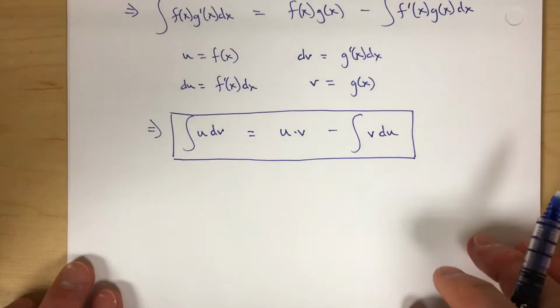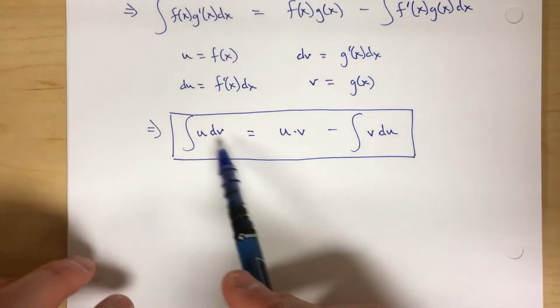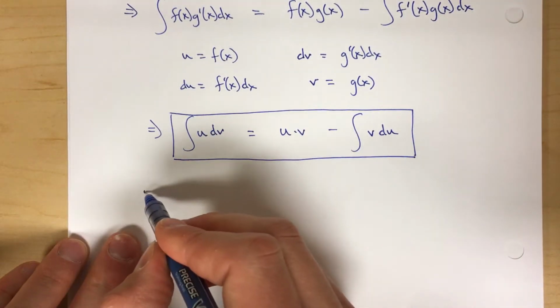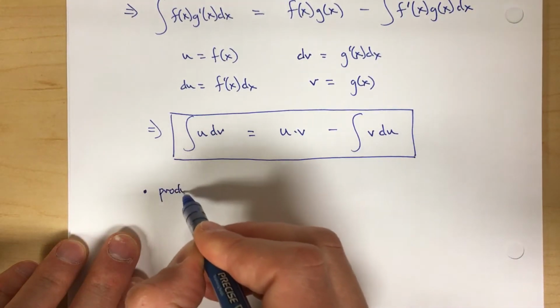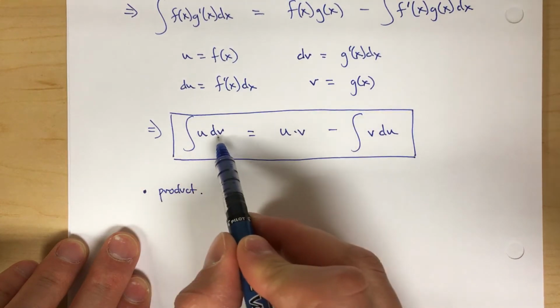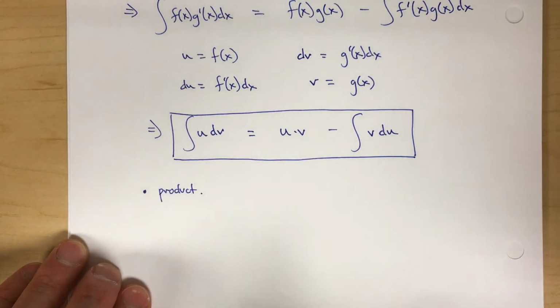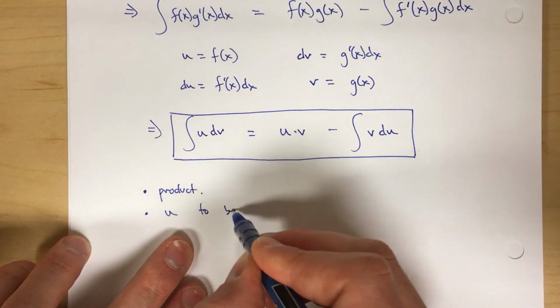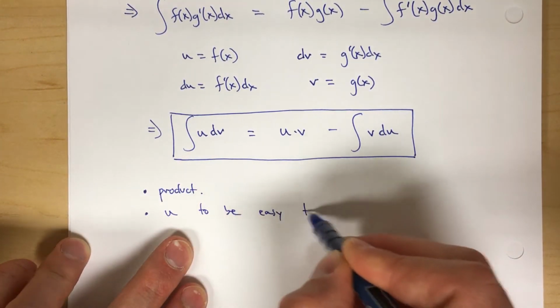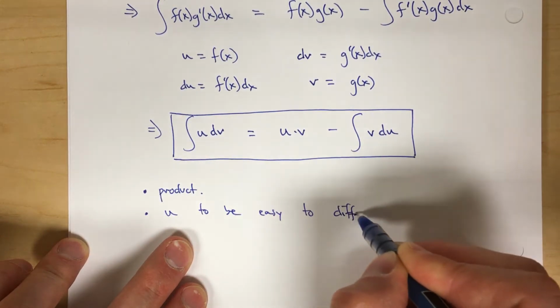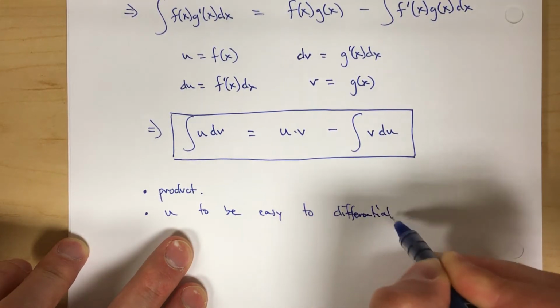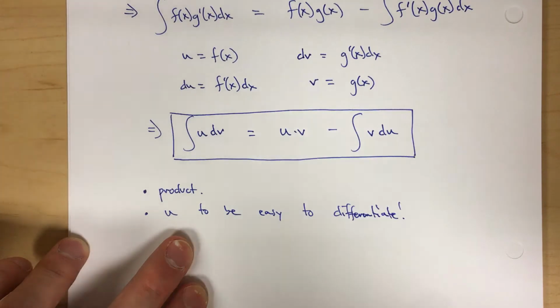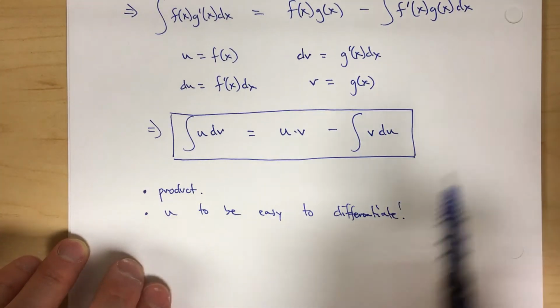So we want to think about really, when is this going to be useful? First of all, we need a product. Okay, so u dv is a product. We need u to be easy to differentiate, because we need to be able to write du.